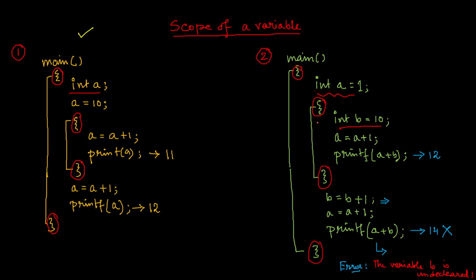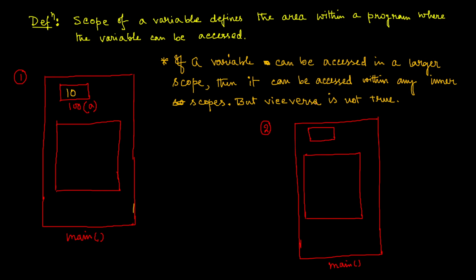But it is not true for B. B is also under this outer bracket, yes, but which boundary is closer with respect to the declaration of B? Obviously the inner boundary, that is the inner scope. So the variable B will be declared within this inner scope. So this is for A and this is for B.